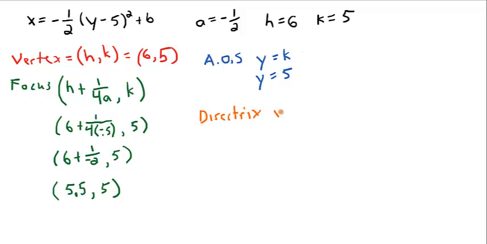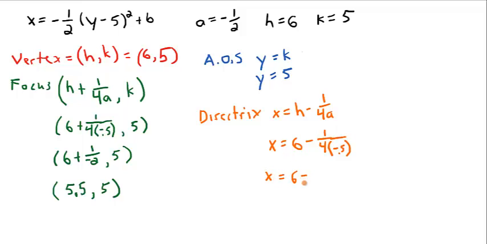I'll write my formula, which is going to be X equals H minus 1 over 4 times A. So you got X equals our H, which was 6, minus 1 over 4 times A, and then again we have a negative 1/2 for A, so I'm going to just write negative 0.5 and simplify this.